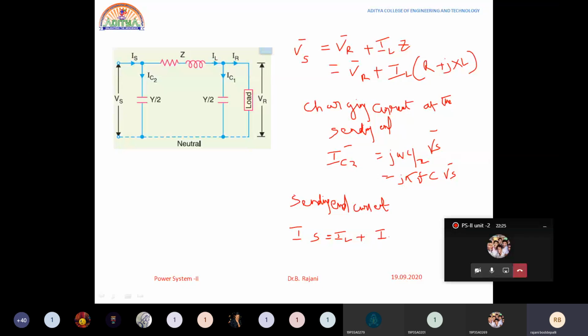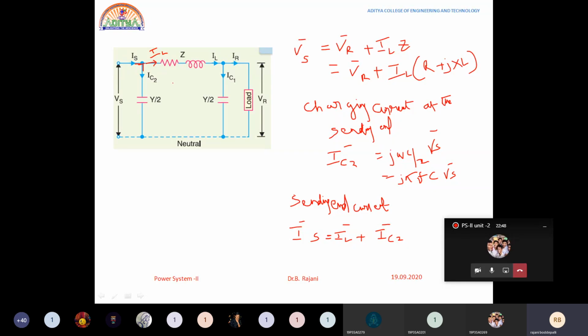If you write simultaneously with me you can understand it, it is very easy. The sending end current is equal to IC2 plus this IL current, the line current which is made to flow. Is is equal to IL plus IC2.